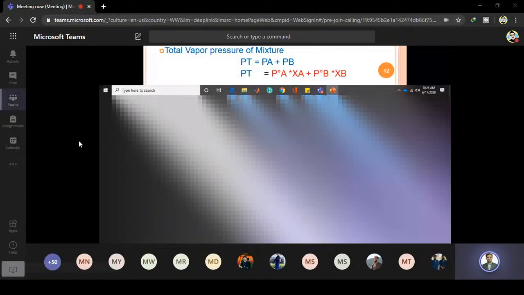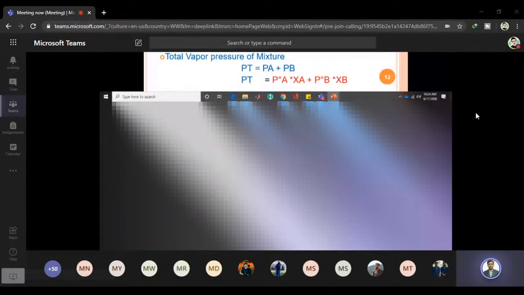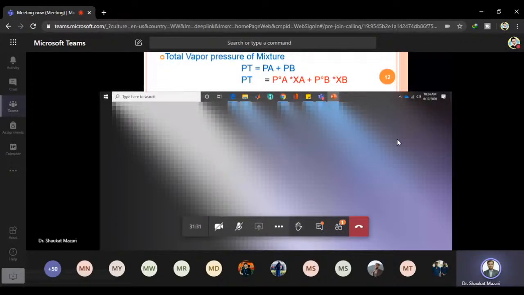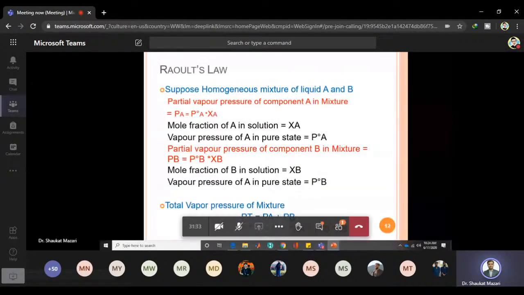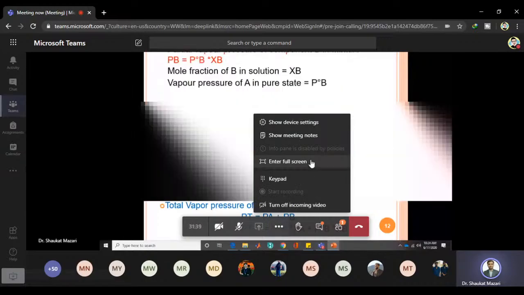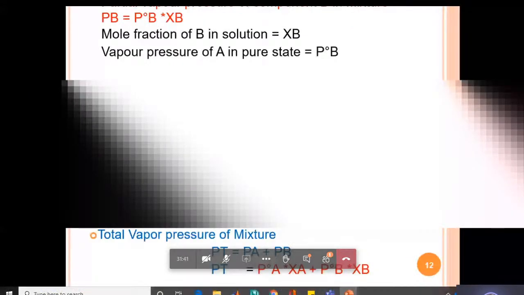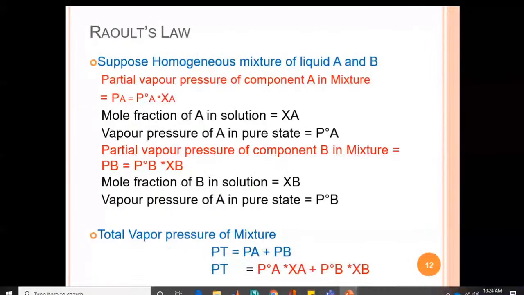Total pressure will be given by partial pressure of A plus partial pressure of B. They are going to give you total pressure, which is here PT. And if we add the above equations, which are PA equal to P°A multiplied by XA, similarly PB equal to P°B multiplied by XB, the last equation at the bottom is for the total pressure of that mixture.